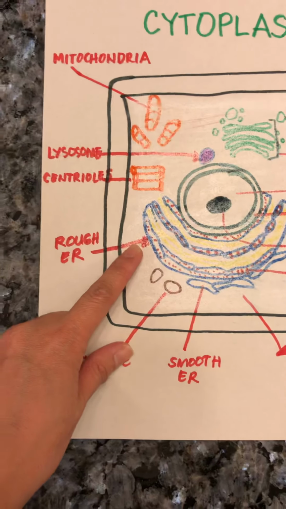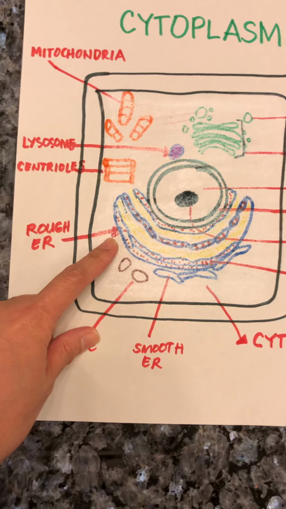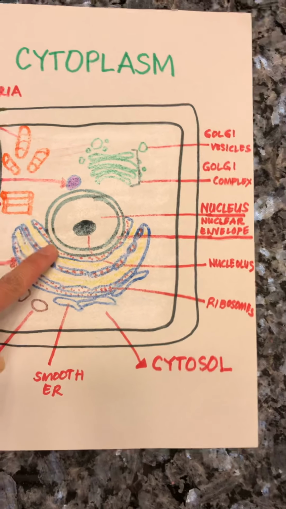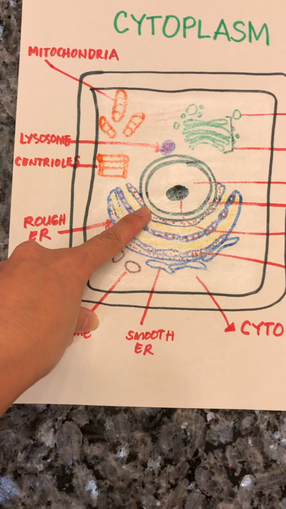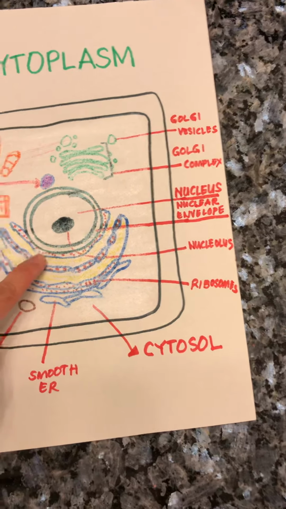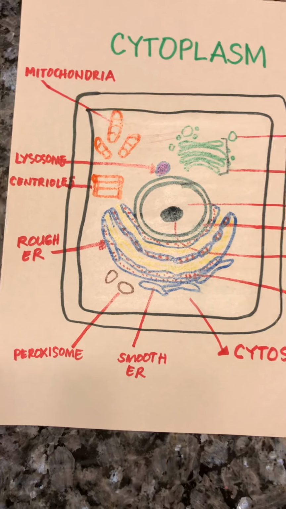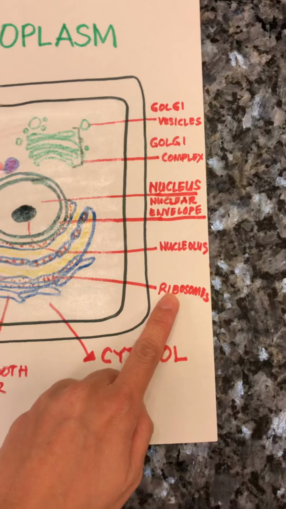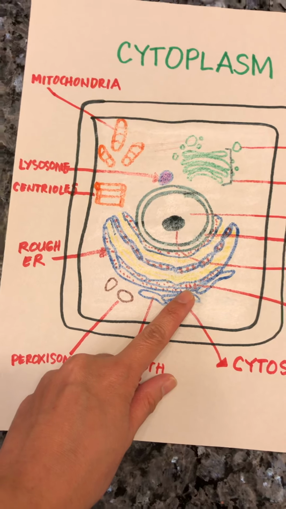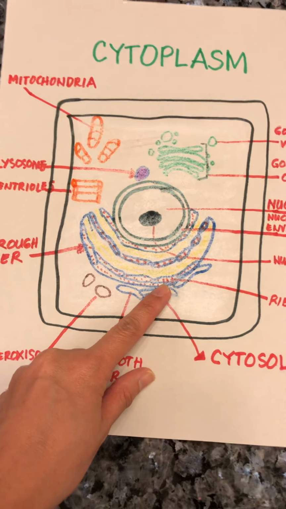The rough endoplasmic reticulum is continuous with the nuclear envelope, and it contains ribosomes. Those red dots are the ribosomes. Now, the ribosomes are responsible for peptide and protein synthesis.